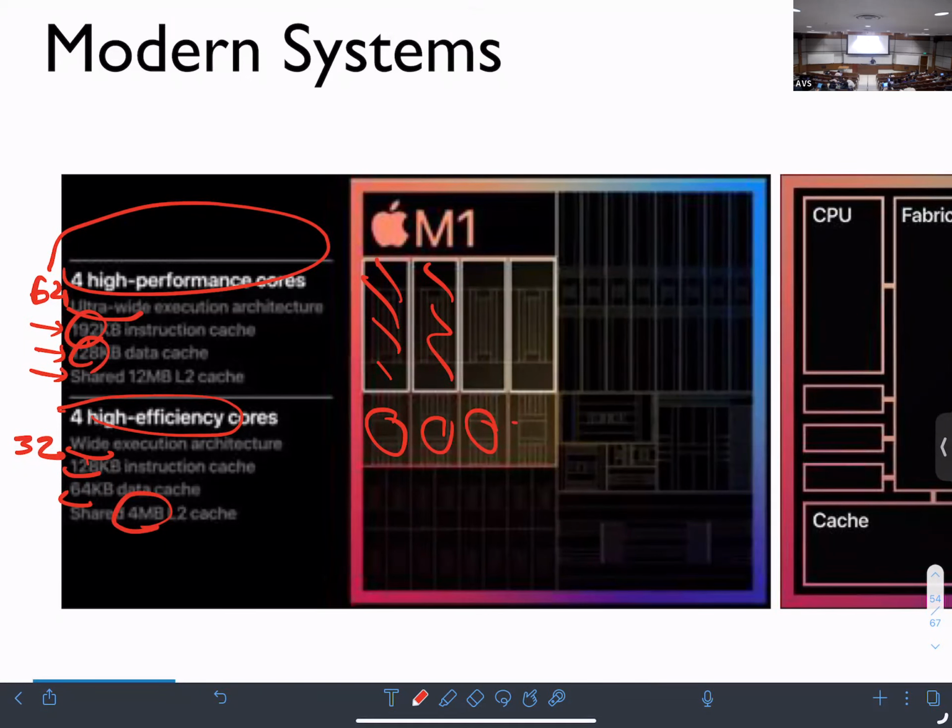The reason these systems typically use multiple different cores is that these cores have better performance, but they are also much more power hungry, right? Because they're using 64 and so on. These are more efficient in terms of power, but they have lower performance. So the operating system intelligently maps different applications to different cores.